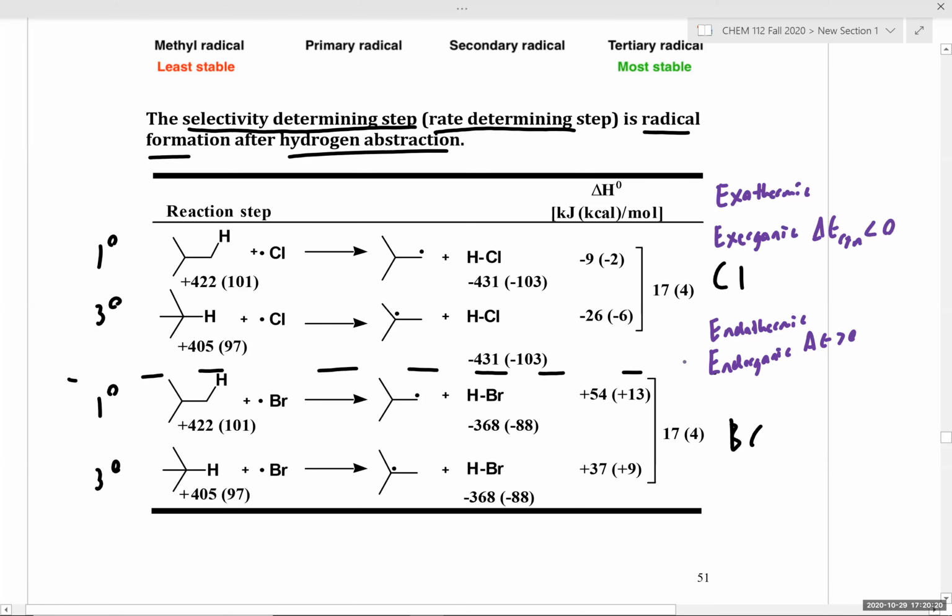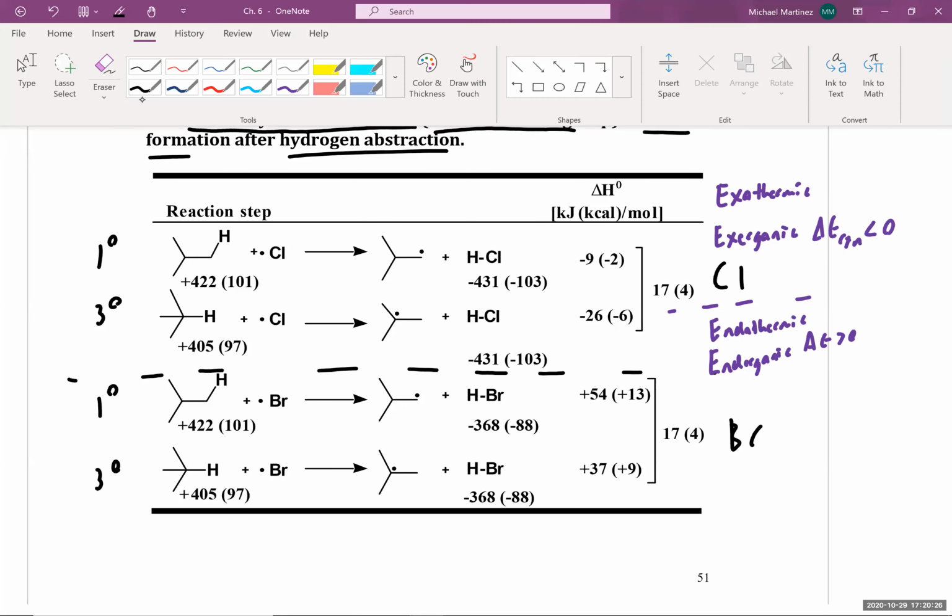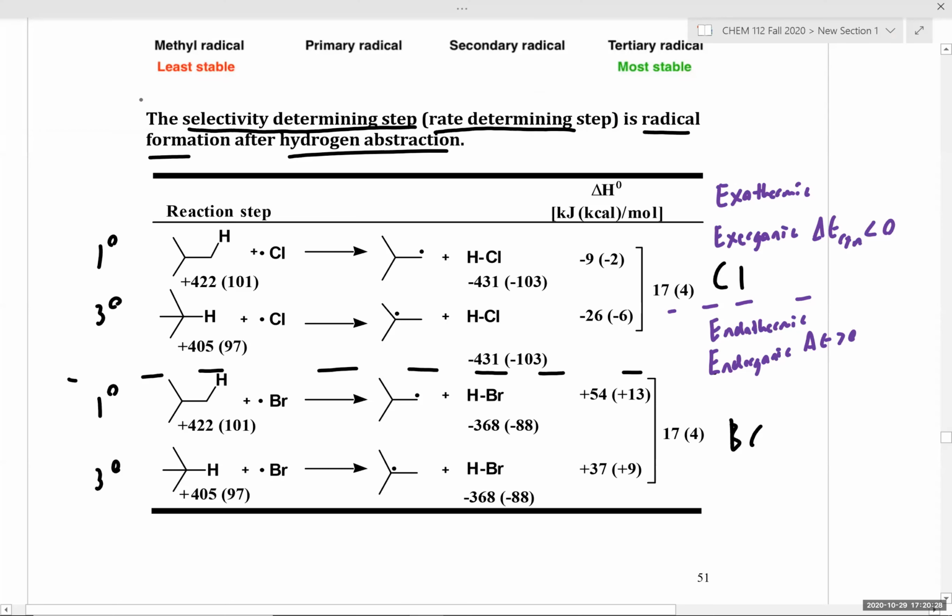So we have our critical distinction. Now, this may not seem like a big deal, but does this observation make a pretty big difference when it comes to our transition state? Yep, exactly right. It does.